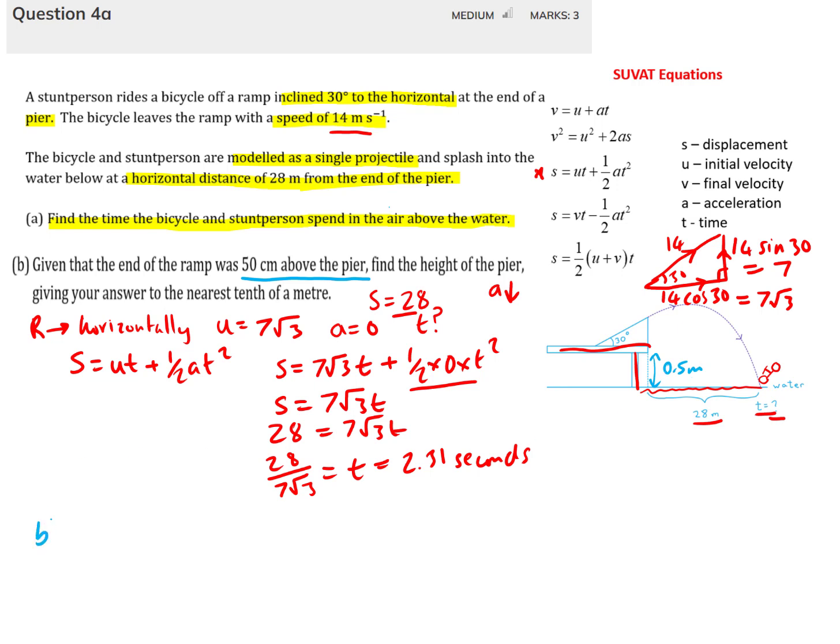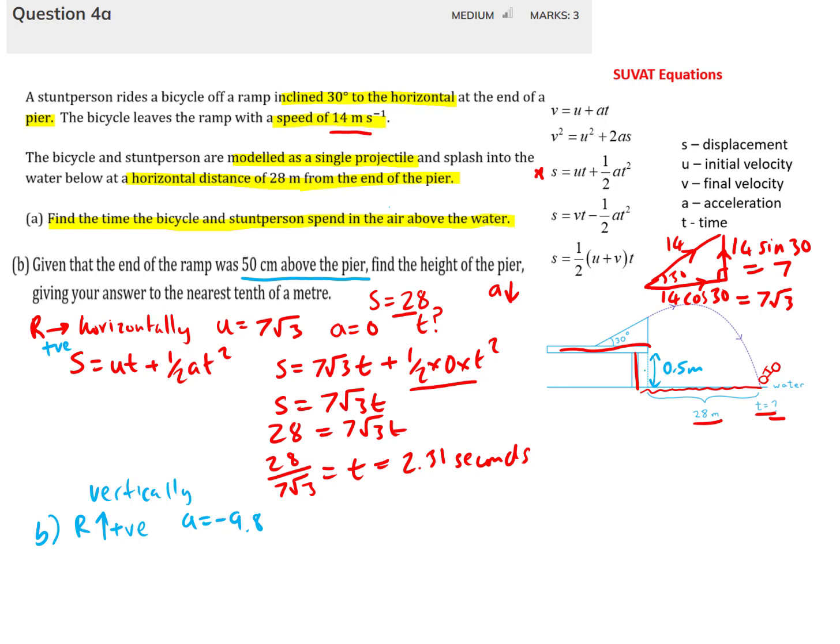So part B, we have to resolve vertically, and I'll use that as positive. And let's remember, we did say that direction is positive as well. So we've got to resolve vertically. This means we can use A, and if up is positive and A is acting downwards, A is going to be minus 9.8.